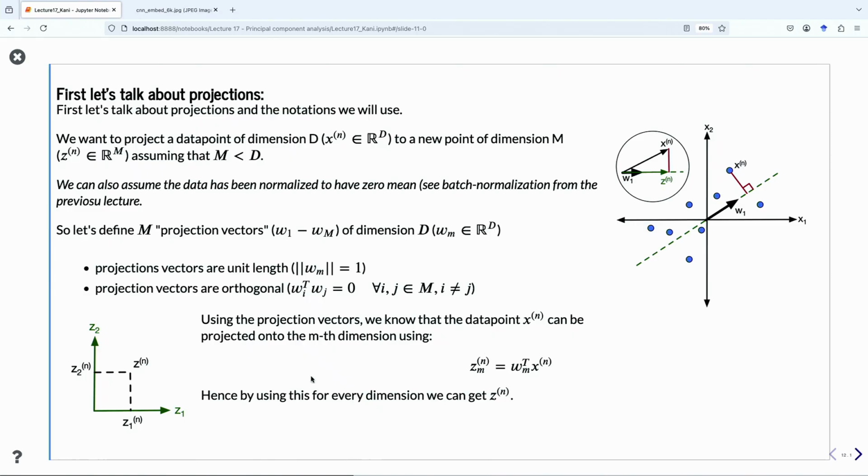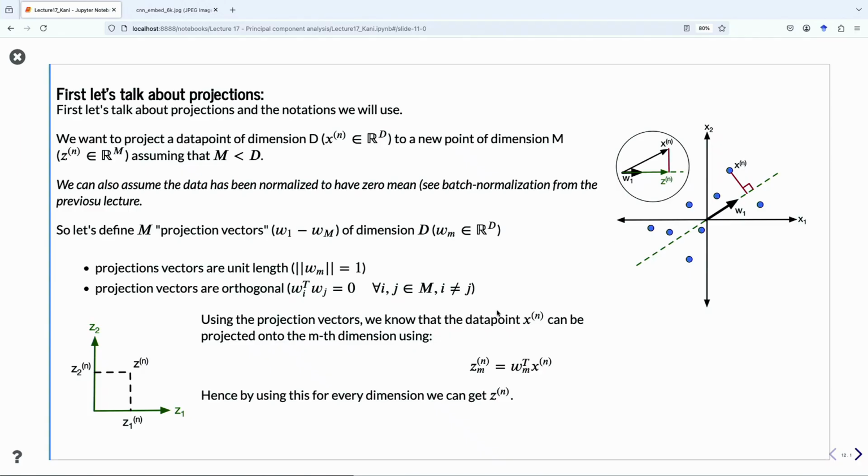By doing this for every dimension, we get a new vector, which is z. By the way, this parenthesized n is simply the nth data point. So first data point, second data point, third data point, and so on up to the nth. In this case, n will be 8.